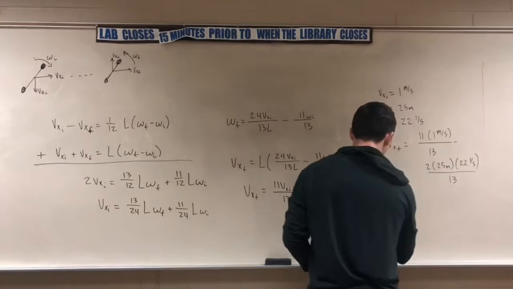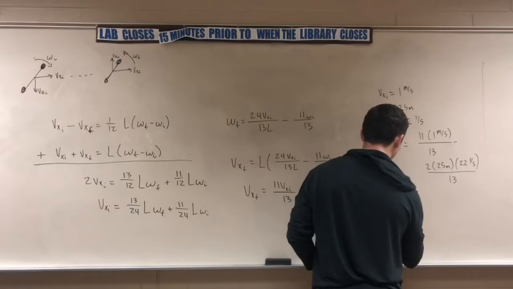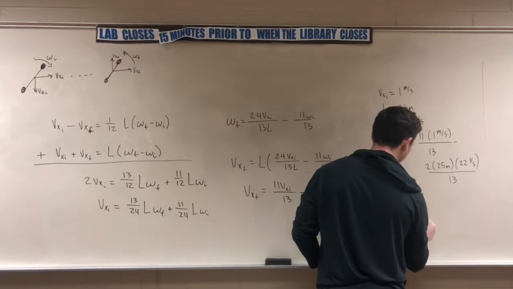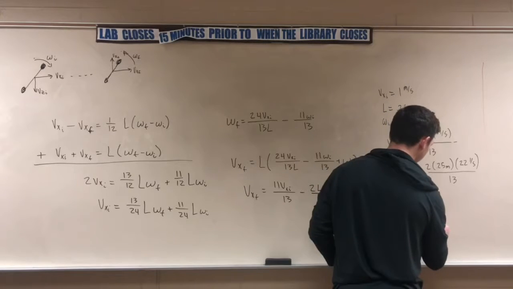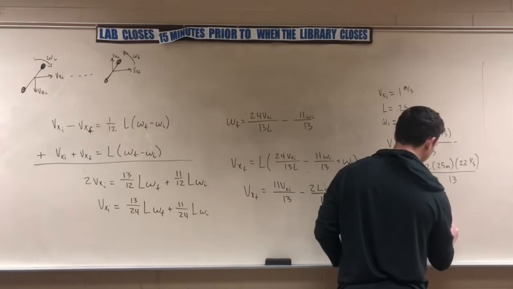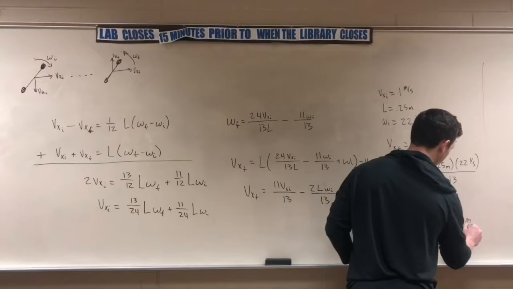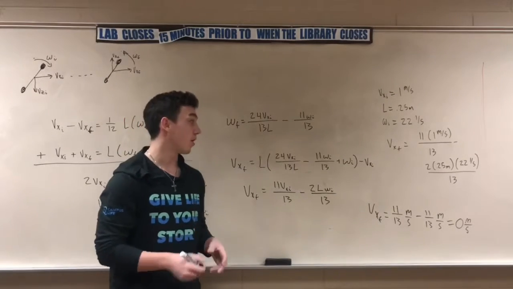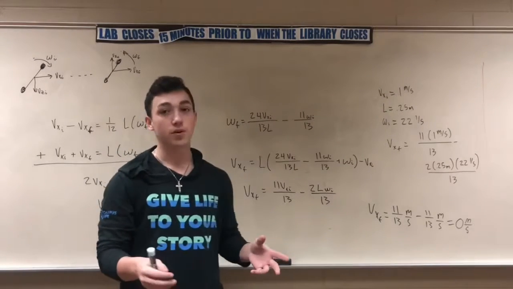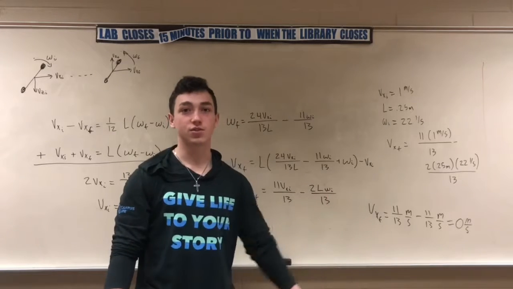So our Vx final is going to equal 11/13 meters per second minus 11/13 meters per second, which is going to equal 0 meters per second. And now that means that the ball was spun and thrown so perfectly that it hit the ground and it bounced straight up.